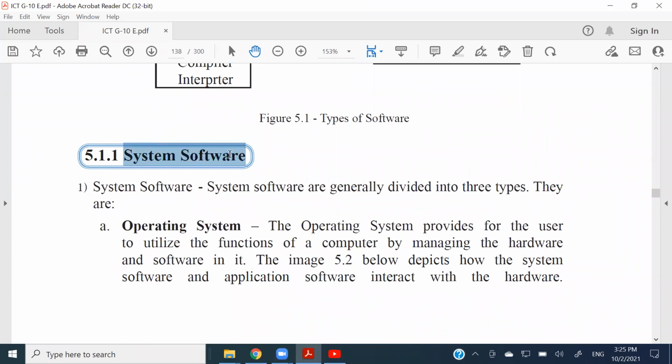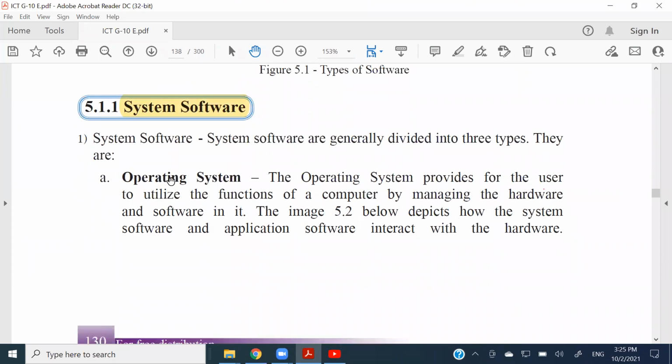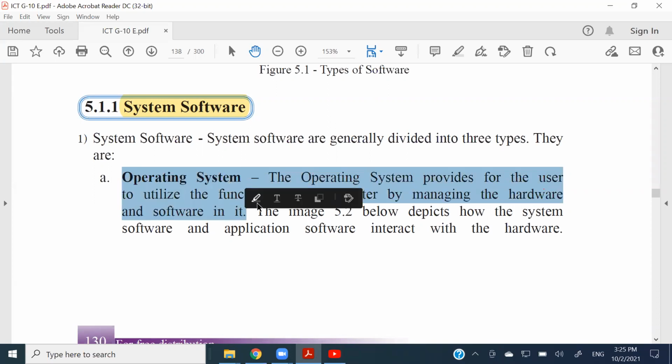From the system software, put the heading system software. Then you can put number 1 or simply A, it doesn't matter. Operating systems. Copy this part only.